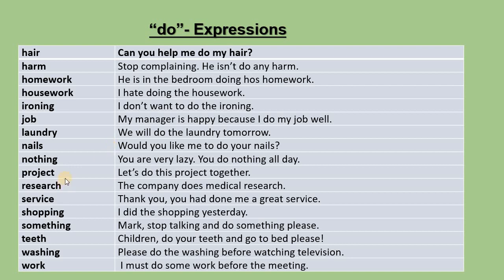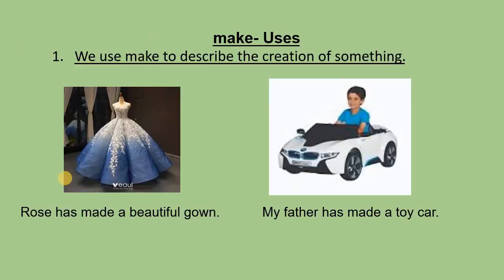Let's look at the verb make. Okay, make uses number 1. Well, we use make to describe the creation of something. Example here, guys. Rose has made a beautiful gown.